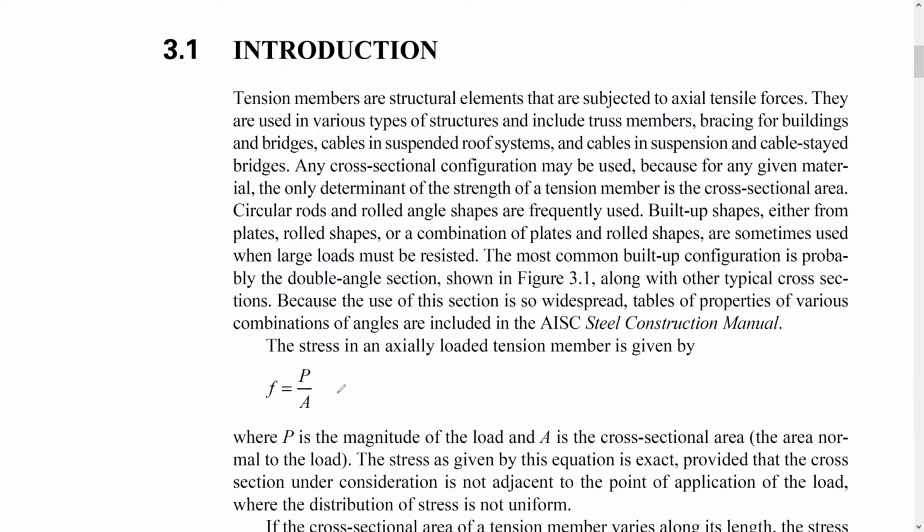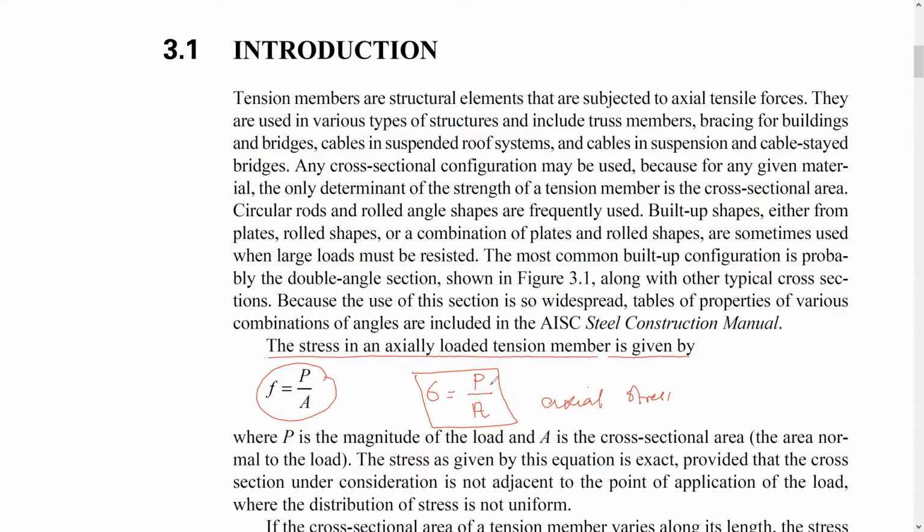There is one thing here. The stress in an axially loaded tension member is given by sigma, which is the force P divided by the cross-sectional area. That's what we call axial stress, which is different from bending stress.